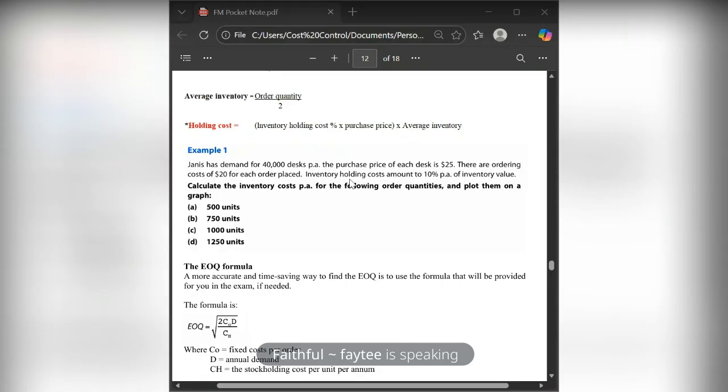That's 10% of the value of the inventory we are holding. So it is 10% of the inventory we are purchasing. That means it is 10% of the purchase price. Thank you, Olamide. You're very correct. So that's what the inventory holding cost that amounts to 10% represents.